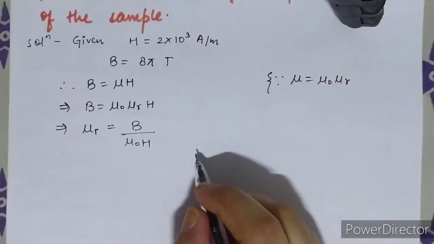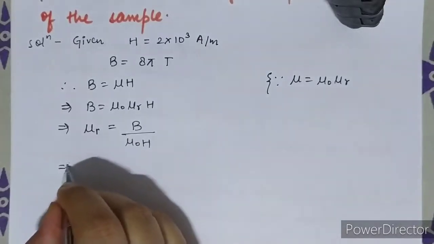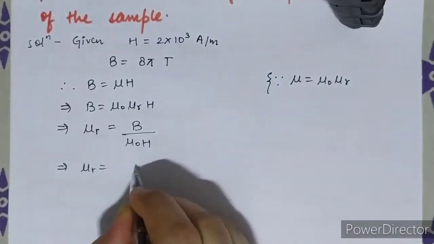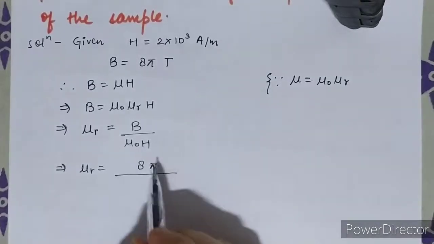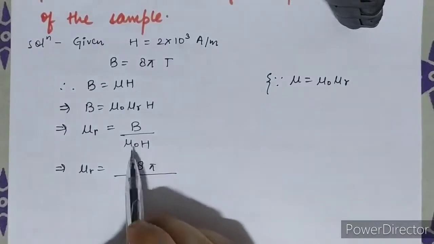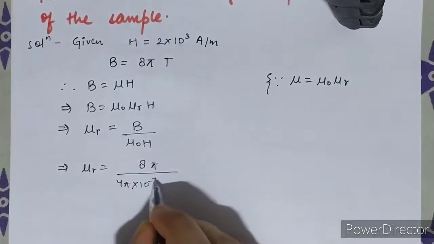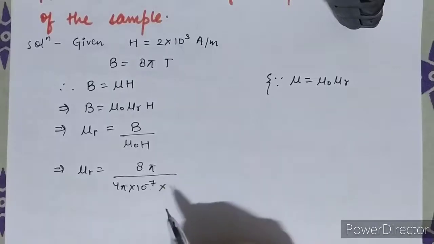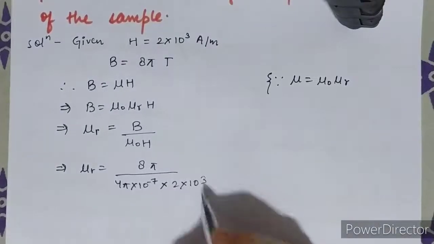Now we put in the values. mu R equals 8 pi upon mu naught, which you know is 4 pi into 10 to the power minus 7, and H is given in the question as 2 into 10 to the power 3.